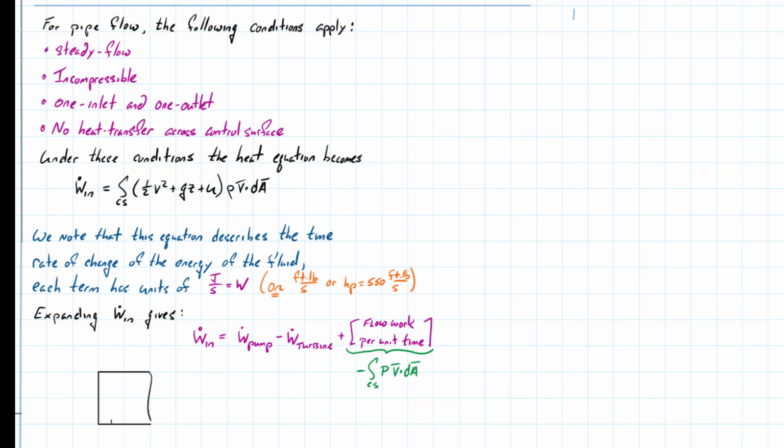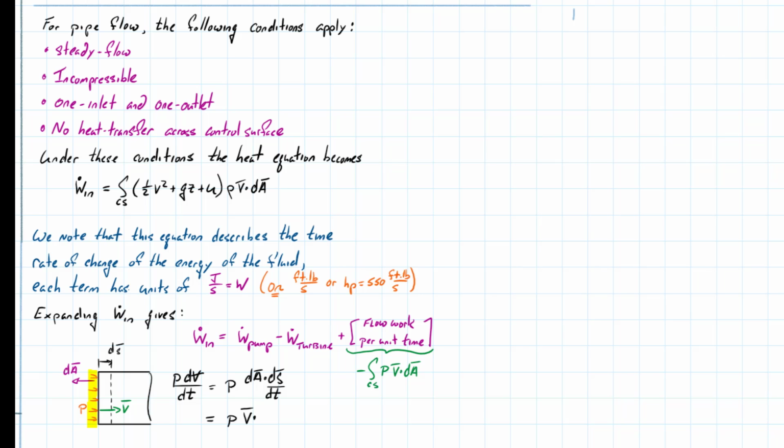The pressure is acting on the left-hand side of the control surface, so the inlet, and the work is P dV, so pressure times the volume, and it's a rate, so it's divided by dt. And we can say that that's the pressure times dA, and then we have this incremental distance ds, so ds over dt. ds gives me the volume, ds dt is the velocity, so that gives me the P v dot dA term.